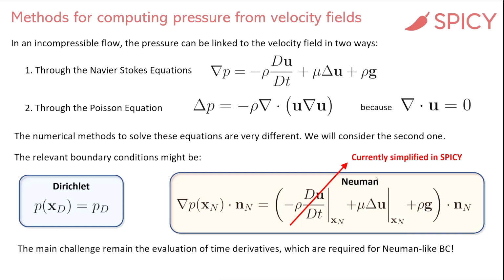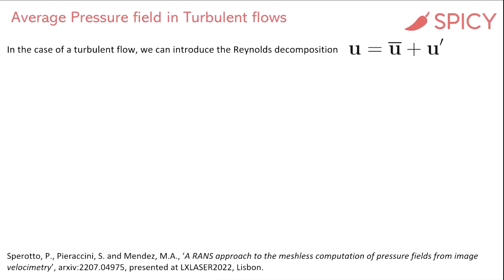Now, a way to avoid this problem, let's say, is to focus on statistics, so on time averaged pressure fields. So let's say we have carried out measurements using PTV or PIV of a statistically stationary flow, and we decompose this using the Reynolds decomposition into a mean flow and some fluctuations.